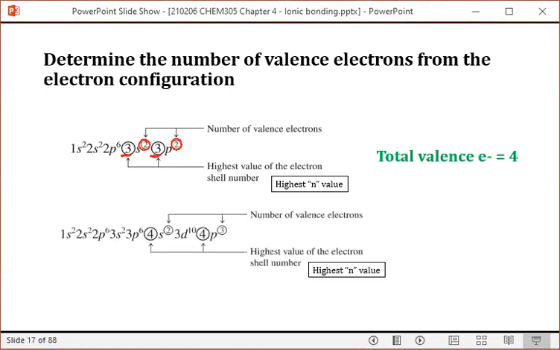If we look at another one, here we have the electron configuration 1s2, 2s2, 2p6, 3s2, 3p6, 4s2, 3d10, 4p3. See if you can figure out what element this is based on its electron configuration. We know that it's an element that's at least 4 rows down on the periodic table because its highest principal quantum number is 4.